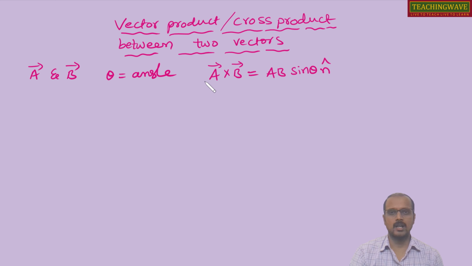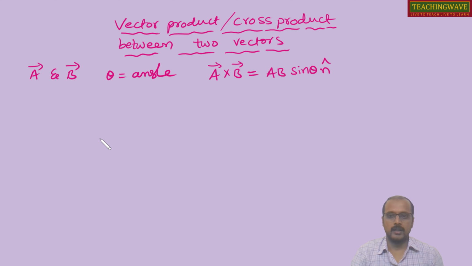That means the cross product of two vectors a bar and b bar is the product of the magnitudes of the two vectors with the sine of the angle between them. That gives the magnitude of the resultant vector, and n cap denotes the direction of the resultant vector. That means the n cap direction is perpendicular to the plane containing a bar and b bar.